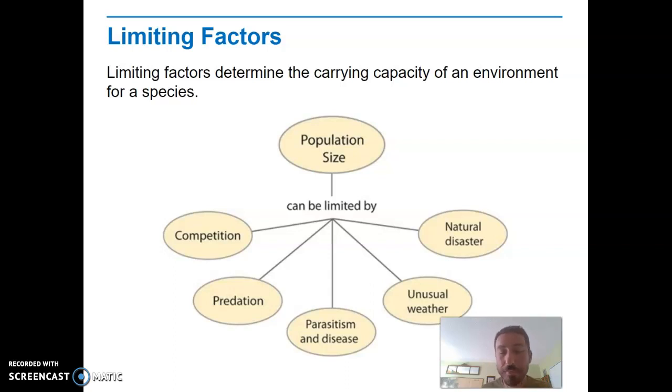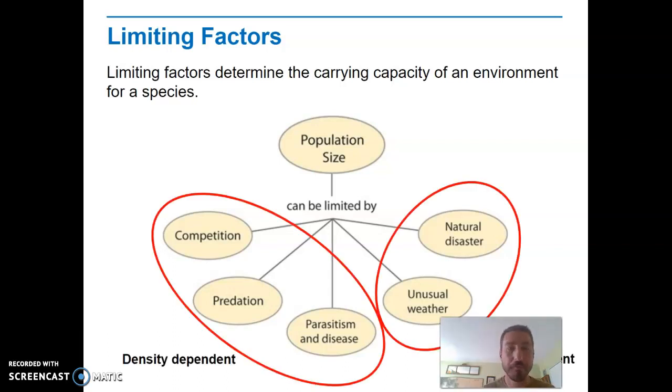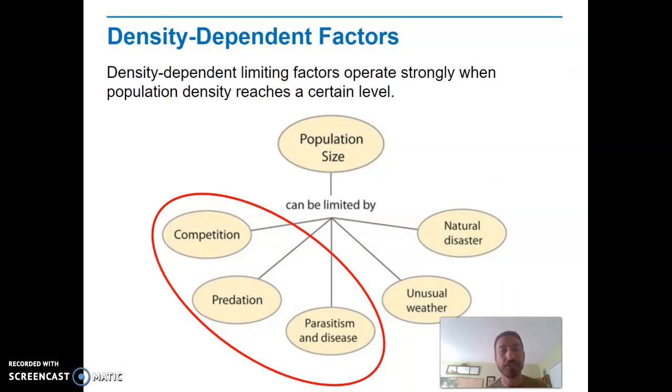If you're closer together, a predator can more easily catch those individuals and gobble them up. And there's going to be more competition if they're more densely packed together as well. But realize that weather patterns and natural disasters will affect a population equally, whether it was a dense population or a sparse population. So we're getting that confirmation here. Density dependent are the ones on the left, competition, predation, and parasitism and disease. And then the 2 on the right, unusual weather and natural disaster, the density independent factors.